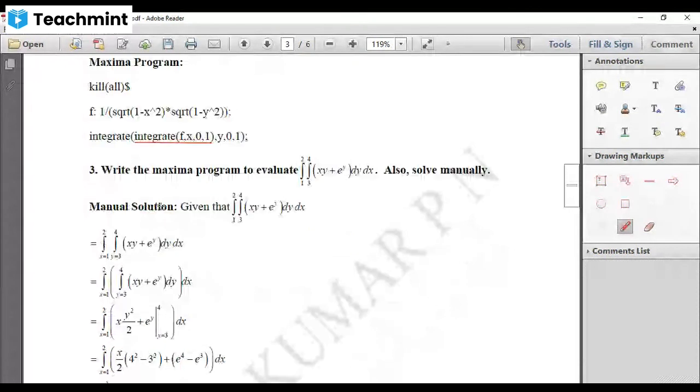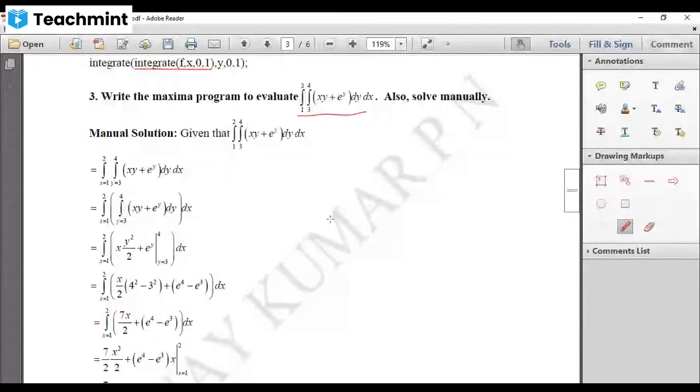Now let us see one more example. Integral of this. As usual, because the limits are constants, you have to see this. Here this is dy dx. Therefore, this is the limit for y, and this is the limit for x.